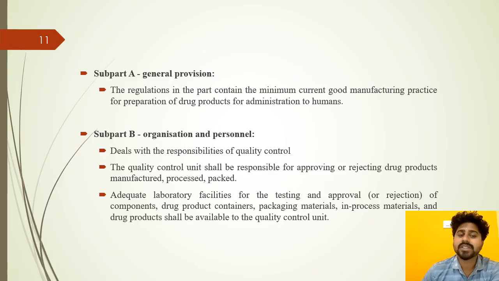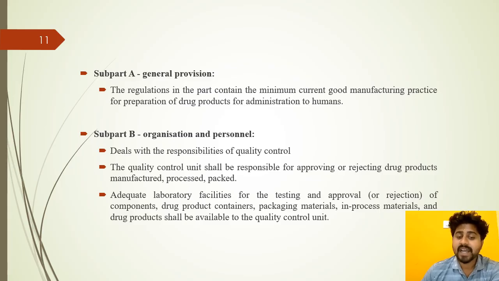Okay, Subpart A, general provisions. It says the regulations in this part contain minimum current GMP for the preparation of drug products for administration to humans. And B, organization and personnel, deals with the responsibilities of quality control. The quality control unit shall be responsible for approving or rejecting the drug product manufactured, processed, and packaged.